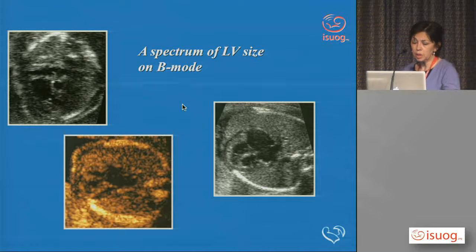And of course, when we come to ultrasound, like most things that we see, there is always a spectrum. Not everything is absolutely the same in every patient. So we may have a hypoplastic left heart here with a small left ventricle. We have one that can actually, in terms of the physiology, reach the cardiac apex, if we have a problem with the outflow here and severe inadequate flow.